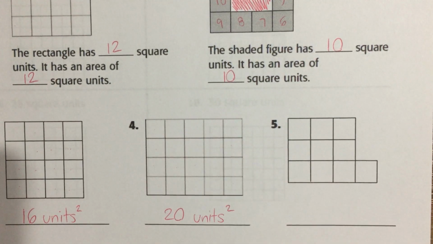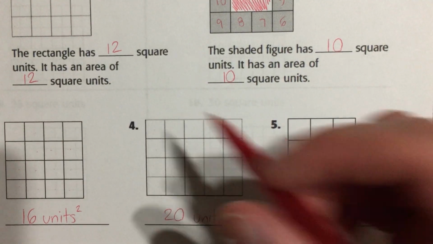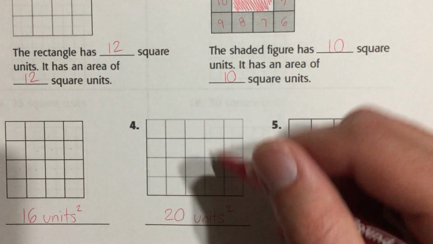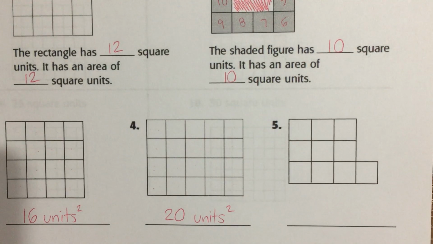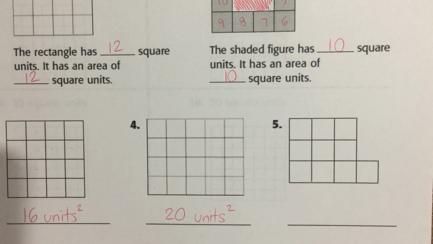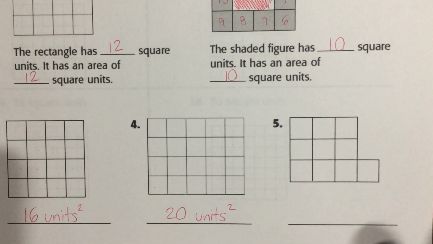So we can count each individual square, or we could just do multiplication. We could also say in each column going up and down, there are 1, 2, 3, 4, and we have 5 groups of 4. 5 times 4 also is 20. Many different ways you could do that problem.